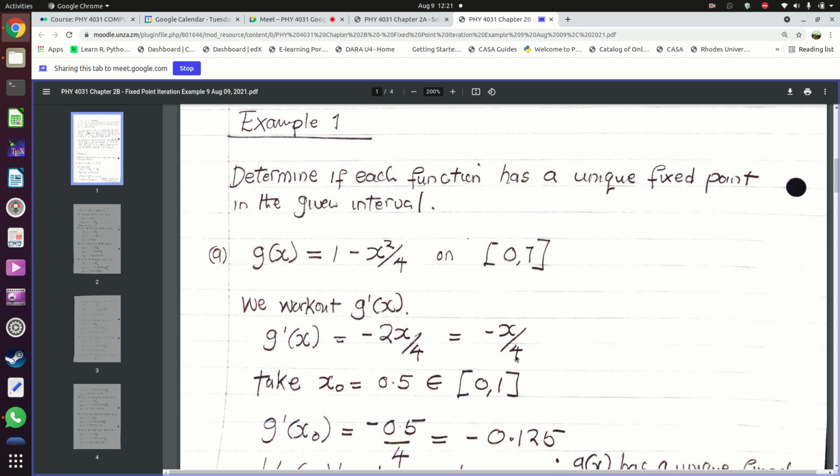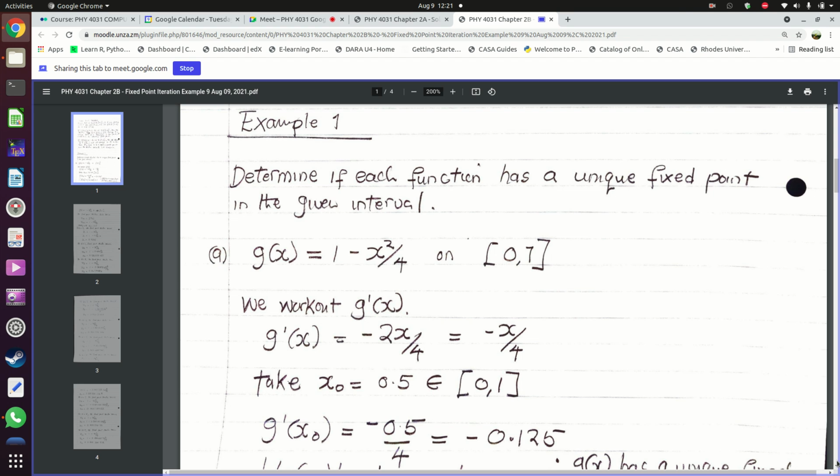Yes, it's supposed to be 2 there. Let me just take note of that.